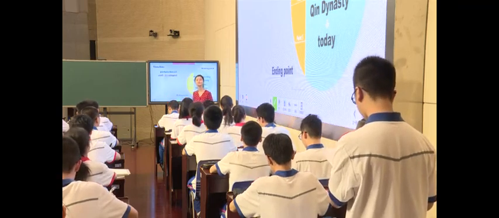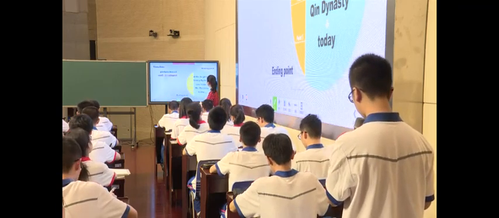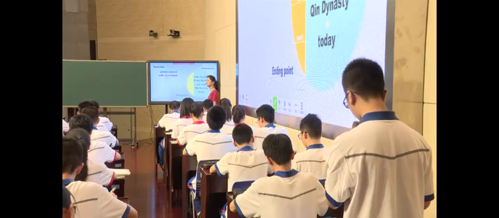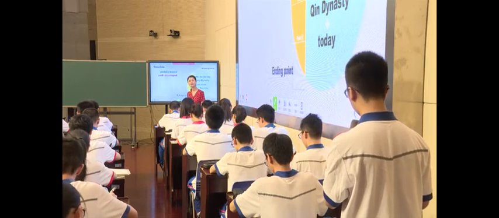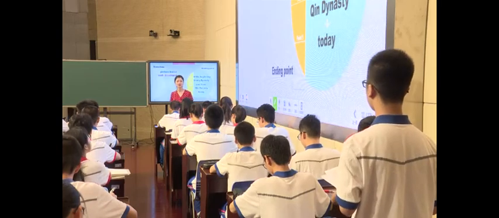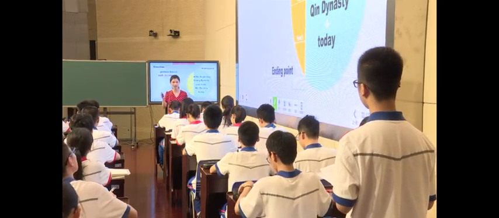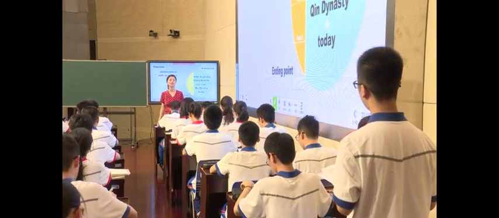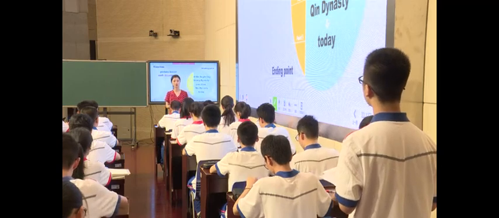And over time, I think in the Warring States, it led to many varieties of dialects and characters. Yeah, varieties of dialects and characters. So it developed into different forms.